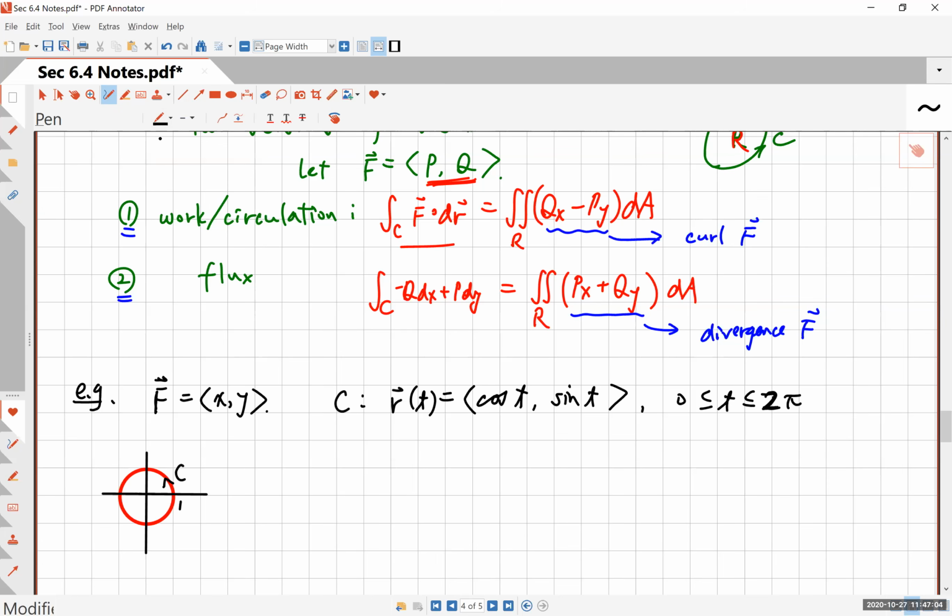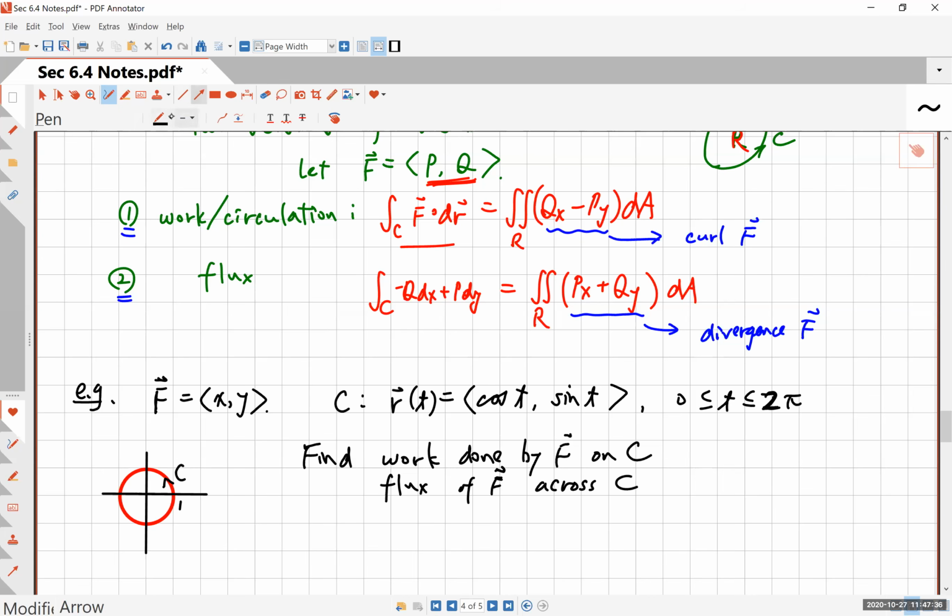I want you to find the work done by F along C and the flux of F across C. And when I say flux, I am assuming that we're talking about the flux from the inside coming out, and that's consistent with the orientation of the boundary and so on.